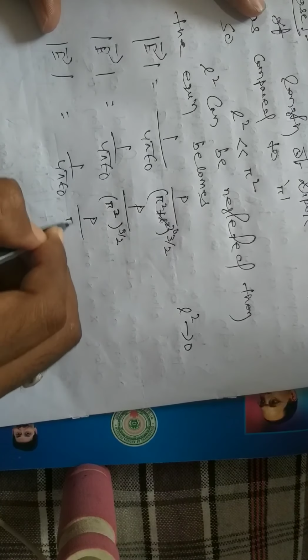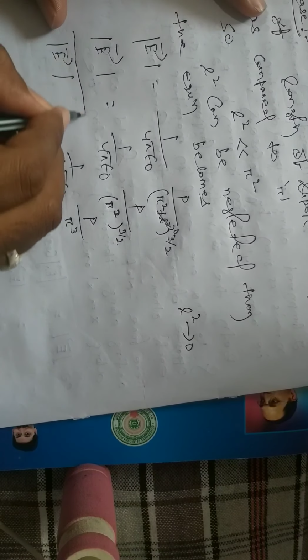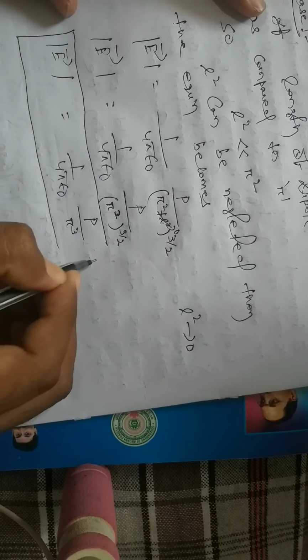That means E vector is equal to 1 by 4 pi epsilon naught p by r cube. So this is the magnitude of electric field intensity due to an electric dipole at an equatorial line or broadside on position. Now we have to calculate its direction.